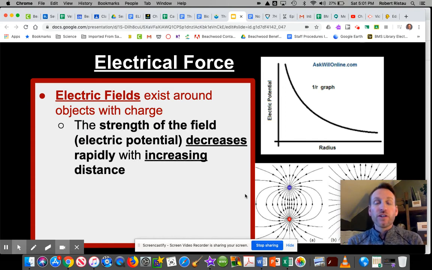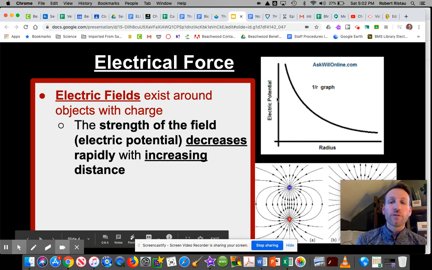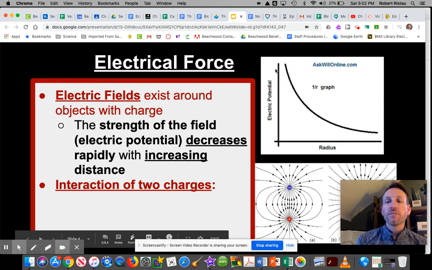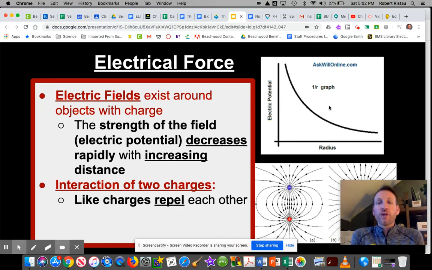One of the discoveries that you should have found out in that lab is that the strength of that electrical field, or what's going to be referred to as our electric potential energy, decreases as you get further away from the charge. Okay, and so in other words, that means increasing distance. So as you get further away, the distance is increasing, and so that's what we are seeing up here in the graph. Okay, so make sure you're taking a look at that here. This is right here. That's what that's showing.